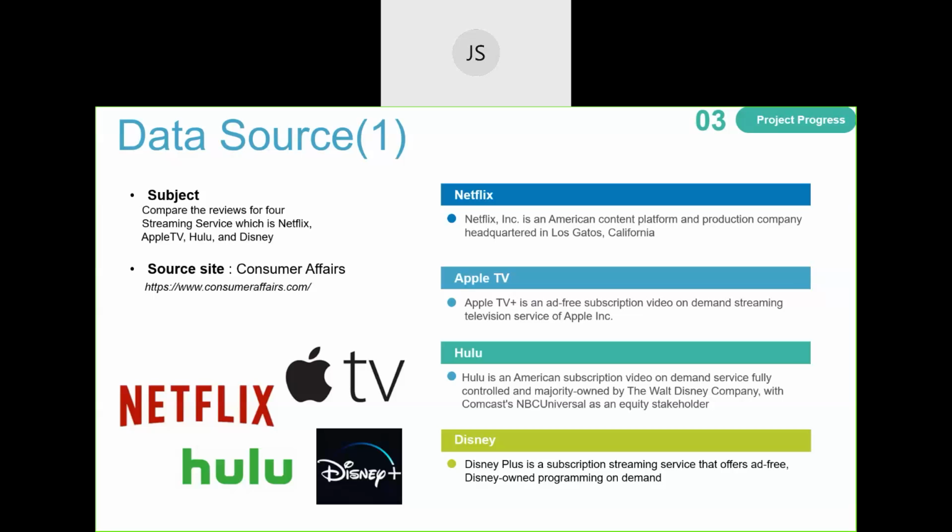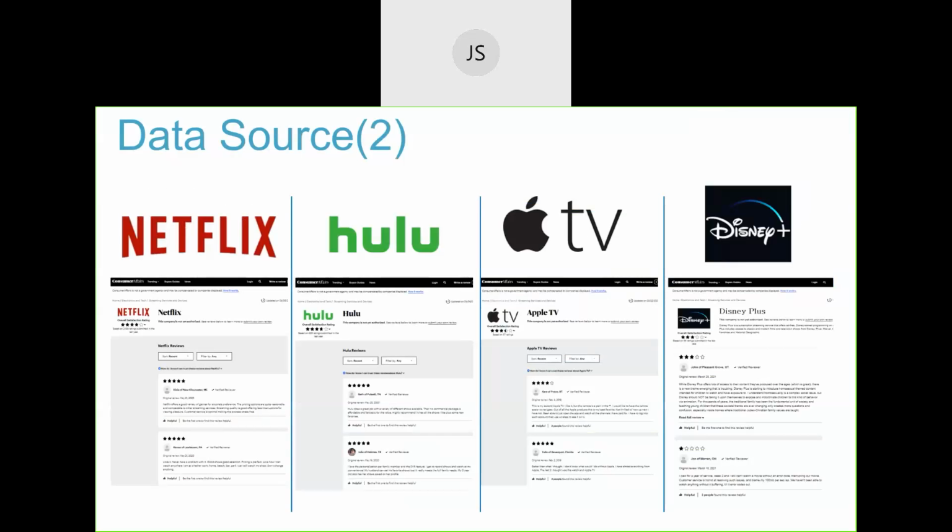We used Consumer Affairs as a source site, and this is the site of Consumer Affairs. There are reviews for each streaming service, and there are overall ratings here. So we thought it would be interesting to compare the overall rating on the site with our analysis result.